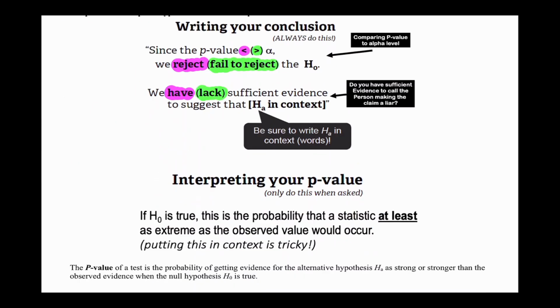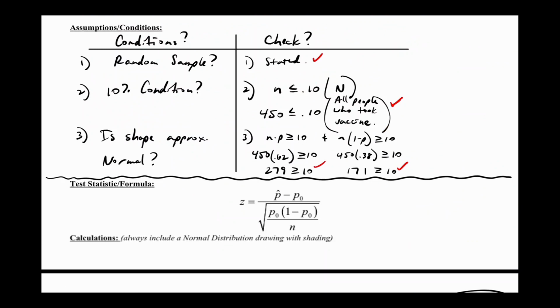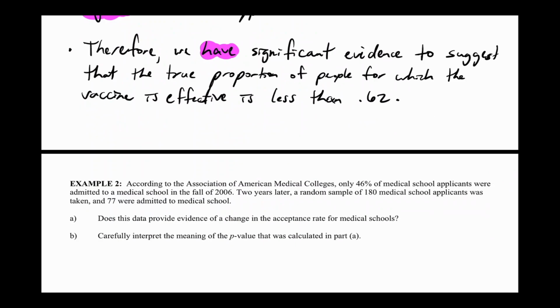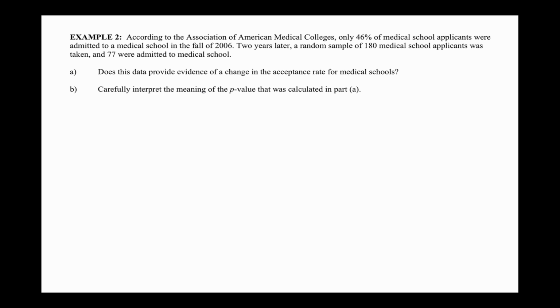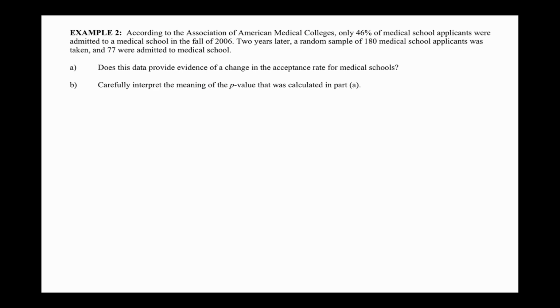All right. Okay, so let's look at example number 2. According to the Association of American Medical Colleges, only 46% of medical school applicants were admitted to a medical school in the fall of 2006.